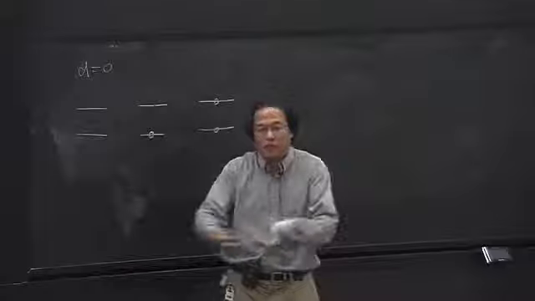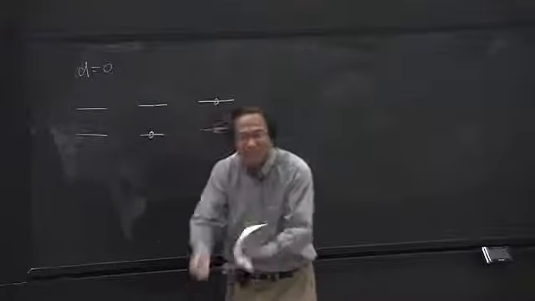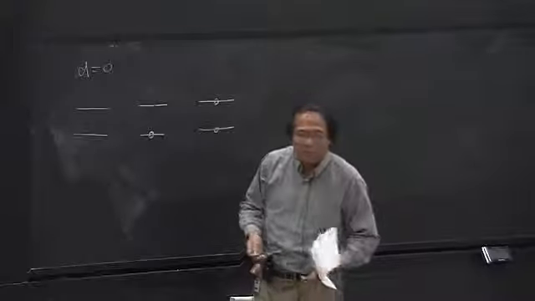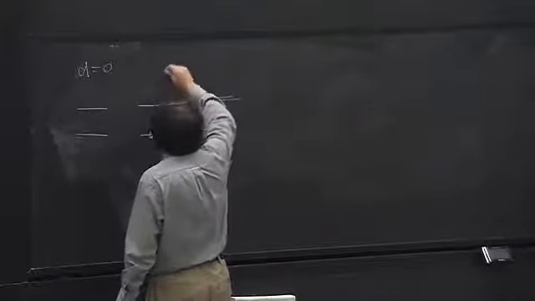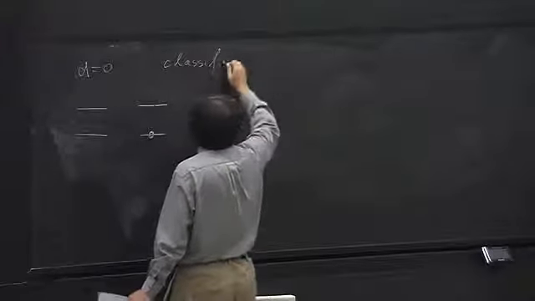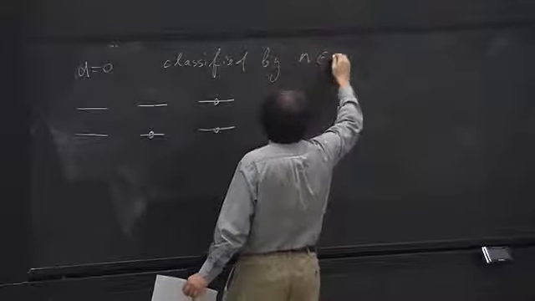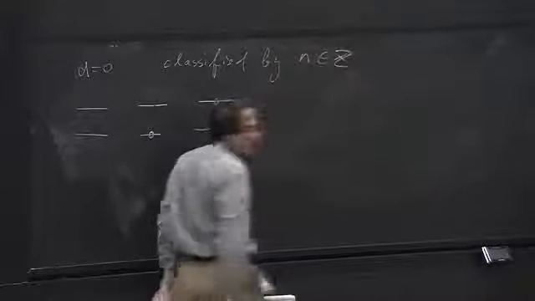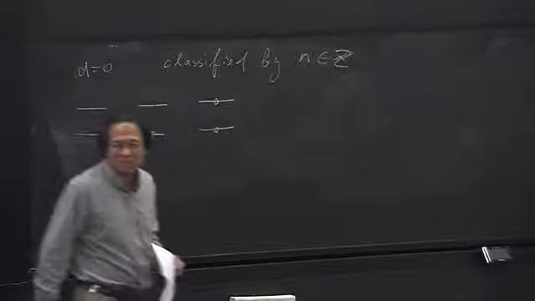It's conserved. You cannot change it. So naturally, it's labeled by this integer n, the number of filled levels. Therefore, for d equal to 0, we have many insulators, and they are classified by n which belongs to this integer set. So that's a very simple picture.